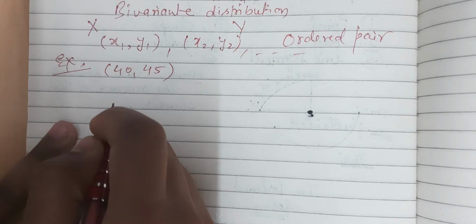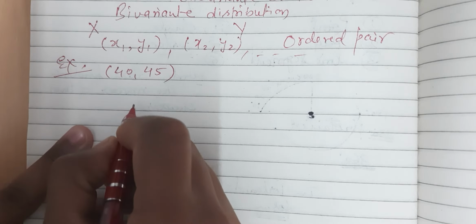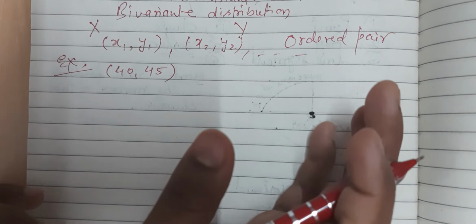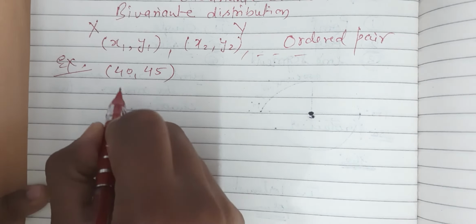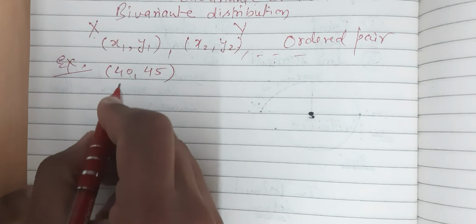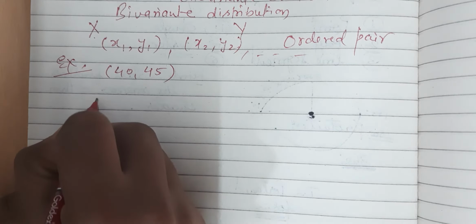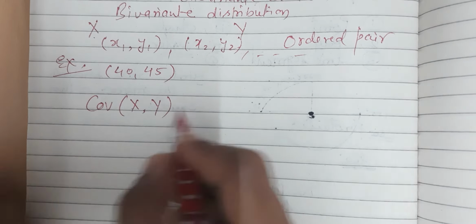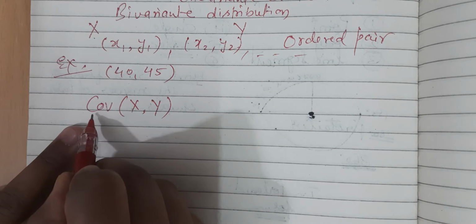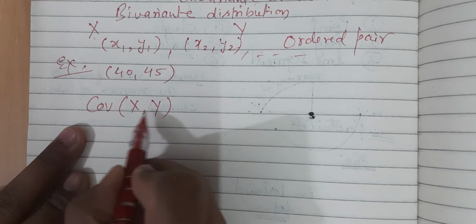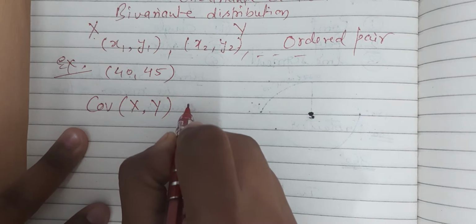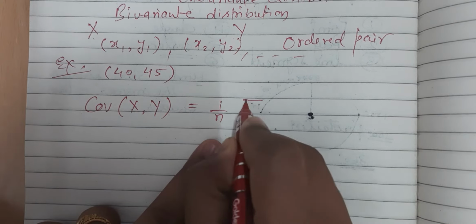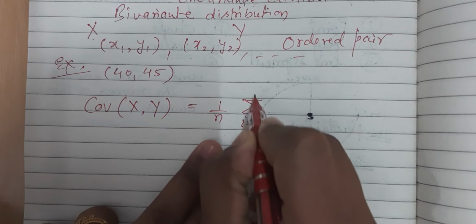If two variables are given and they take values x1, x2, x3 up to xn and y1, y2, y3 up to yn, then the covariance between x and y is denoted by COV(x, y), and it is defined as 1 by n, where n is the number of observations, summation i from 1 to n, of (xi minus X bar) times (yi minus Y bar).